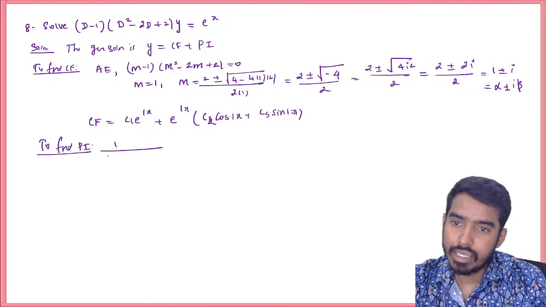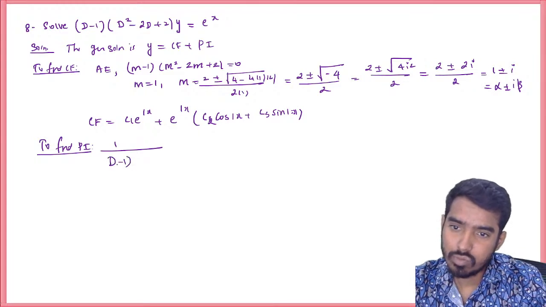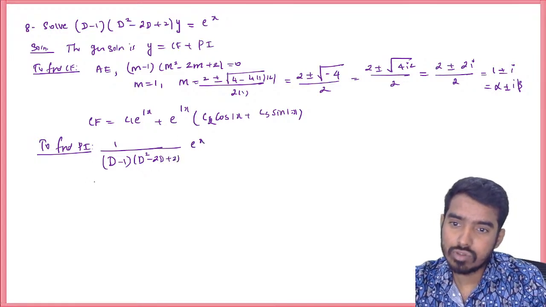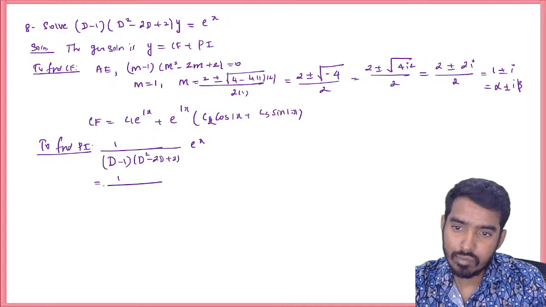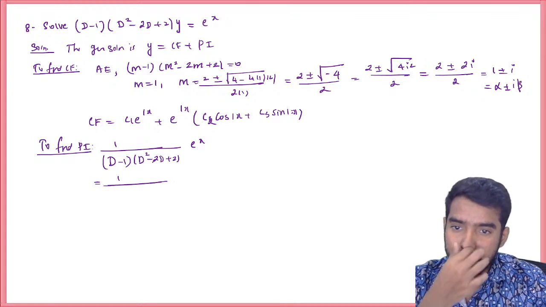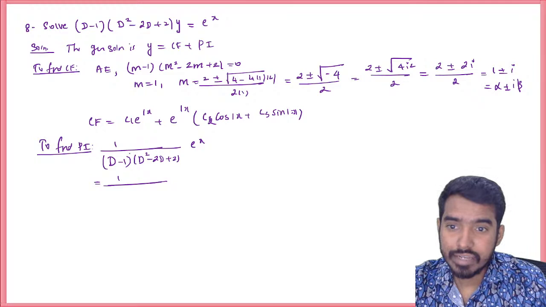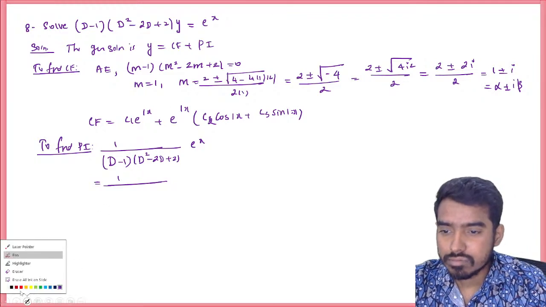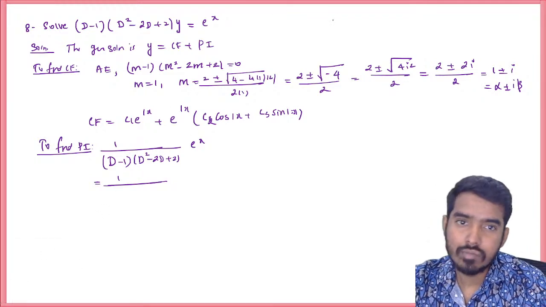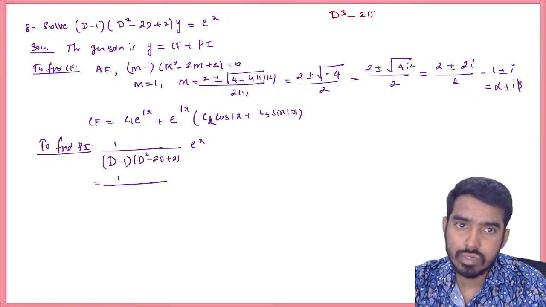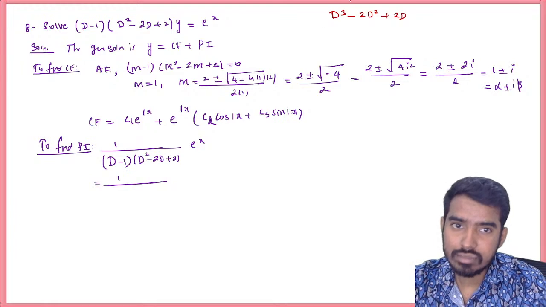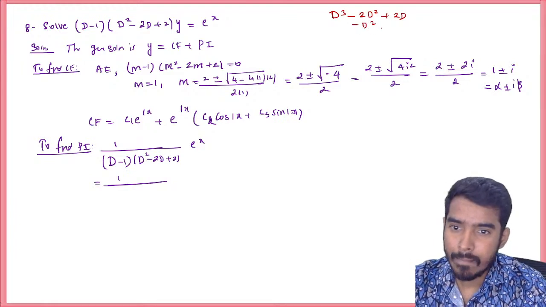so 1 divided by D minus 1 into D square minus 2D plus 2 of e power x, right? So what we'll do is we'll multiply this entire term inside. So it will be D cube. If you multiply this entire term, what will you have? D into this term is D cube minus 2D square plus 2D, and multiply minus 1 with this. So we'll have minus D square plus 2D minus 2.